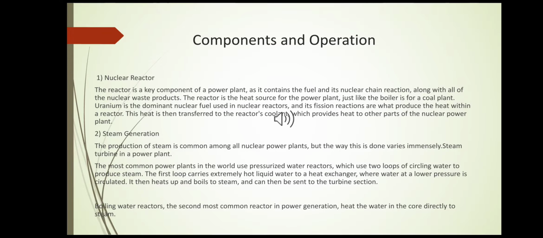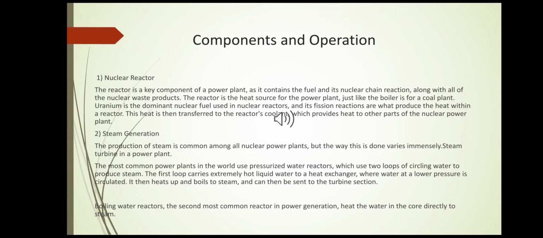Uranium is the dominant nuclear fuel used in nuclear reactors, and its fission reactions are what produce the heat within a reactor. This heat is then transferred to the reactor's coolant, which provides heat to other parts of the nuclear power plant. Second, steam generation.